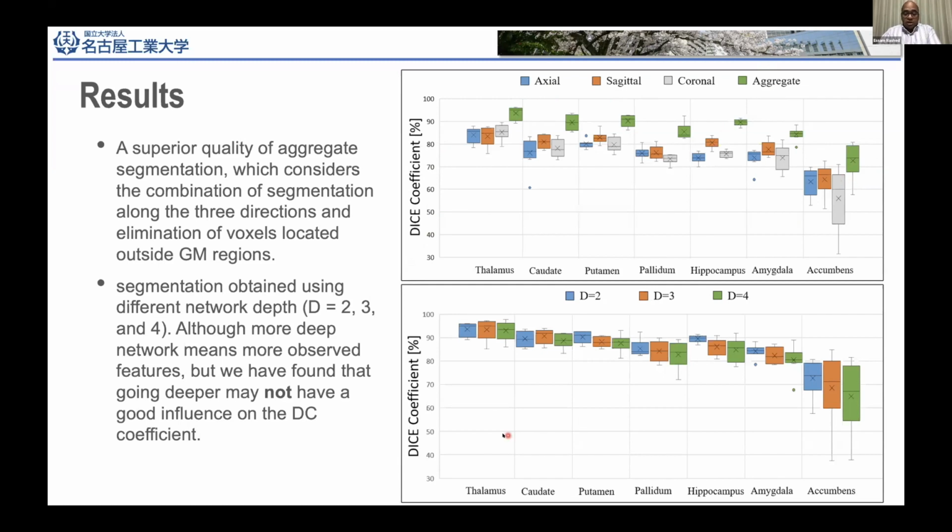And here are the segmentations with different network parameters. We find that when we increase the depth of the network, we cannot find improvement of the segmentation. Actually, we find some decrease of the dice coefficient when we make the network deeper.